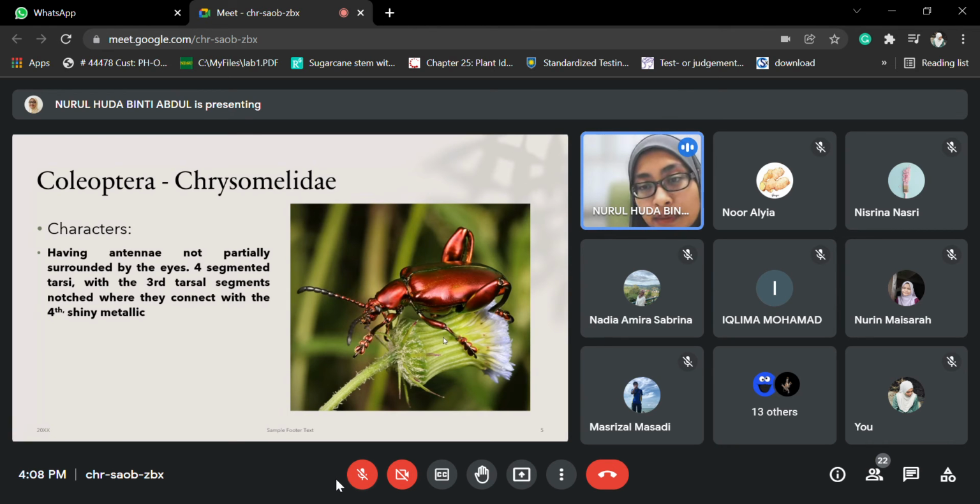So the one you see here at the front is its prothorax. So the prothorax is wider and longer than the head. You can say that for identification purposes. That's all, I think, for this chrysomelid, the one we can see.